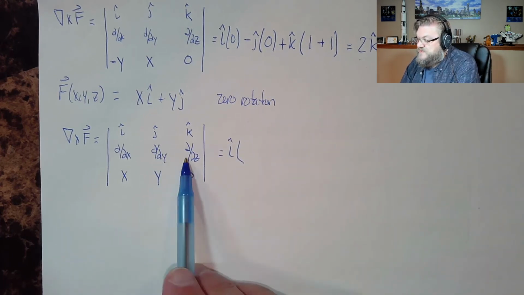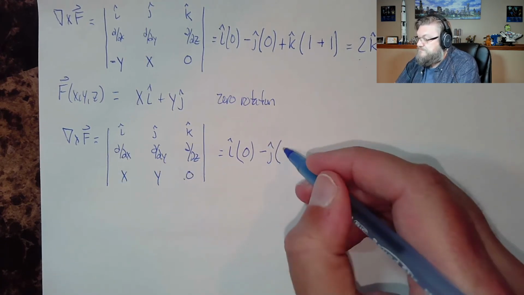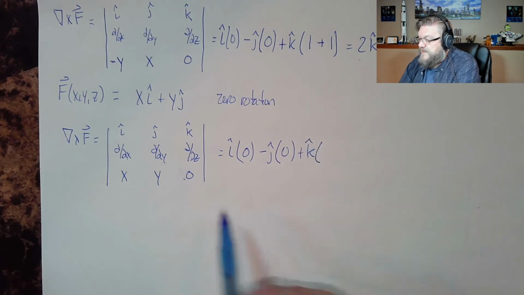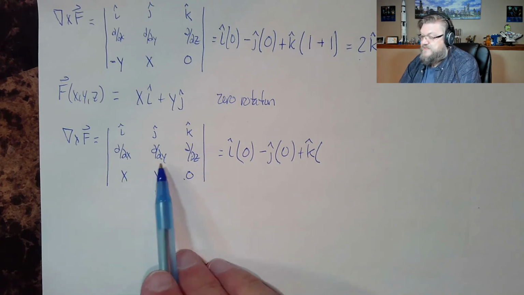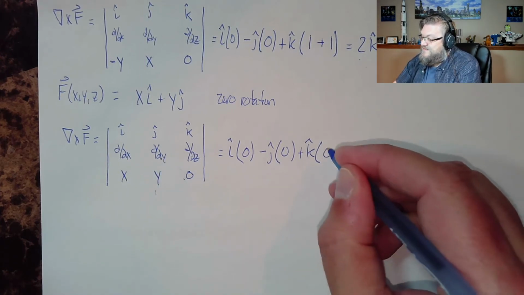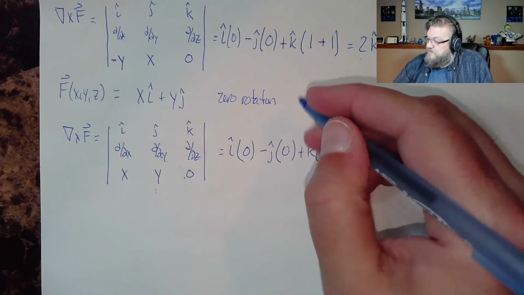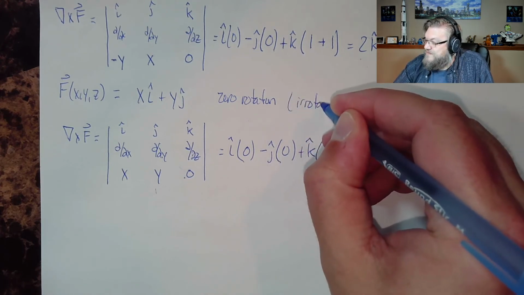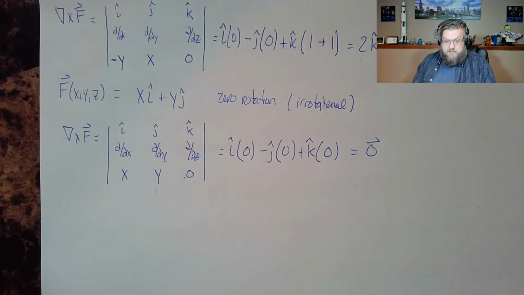We got 0 minus 0, minus j, 0 minus 0, plus k. Partial of y with respect to x is 0 minus 0, 0. And so there you have it. This field is irrotational. Okay? So that's how we can handle measuring the rotation of the field, right? If there's any rotation, if it's changing in that aspect, yeah?